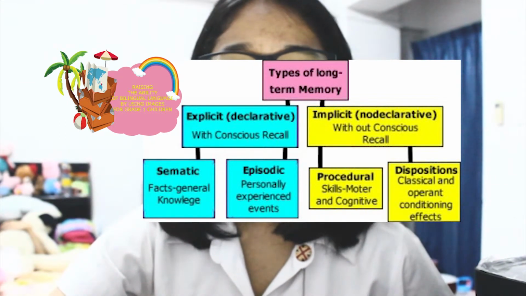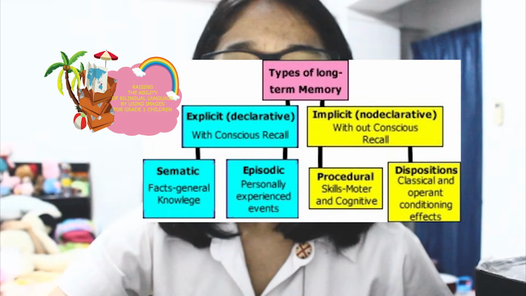LTM, or long-term memory, refers to storage of information over an extended period. If you can remember something that happened more than just a few moments ago, whether it occurred just days ago or decades earlier, then it is a long-term memory. Let's go to the next topic.